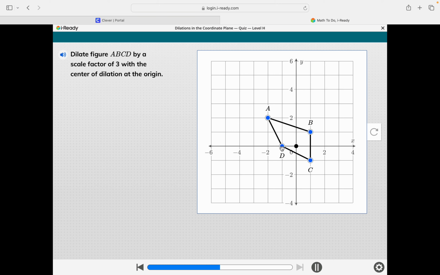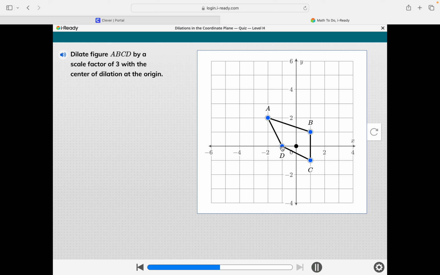The y is 0. So, minus 1 times 3 is minus 3, and 0. Now let's plot.